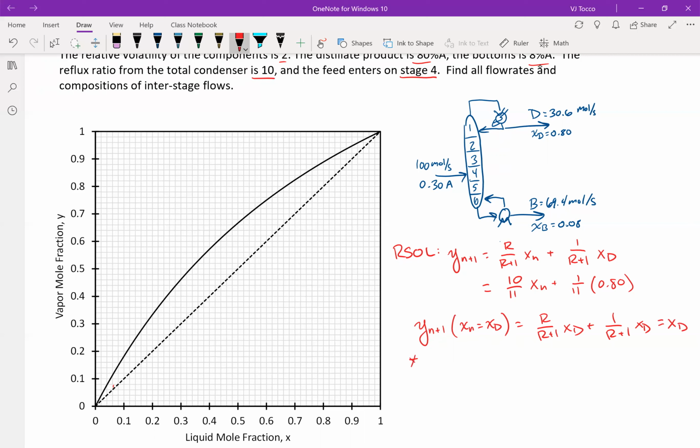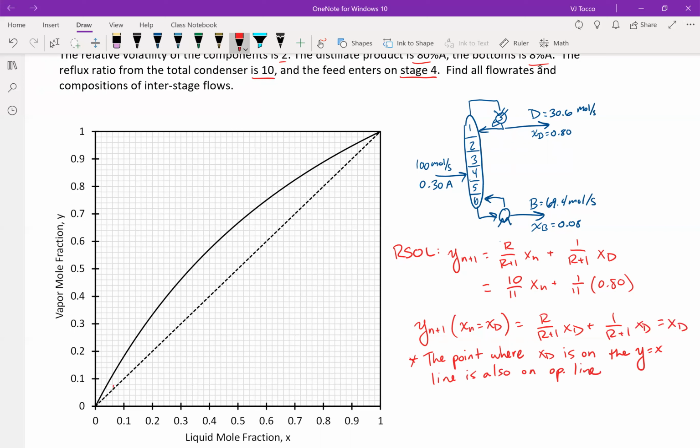So this tells me that for all rectifying section operating lines, the point where x_D is on the y equals x line must be on the operating line.